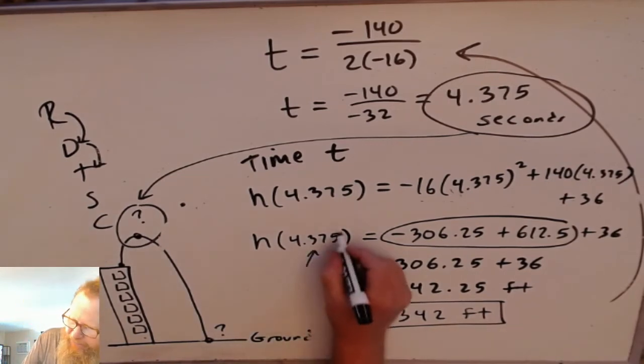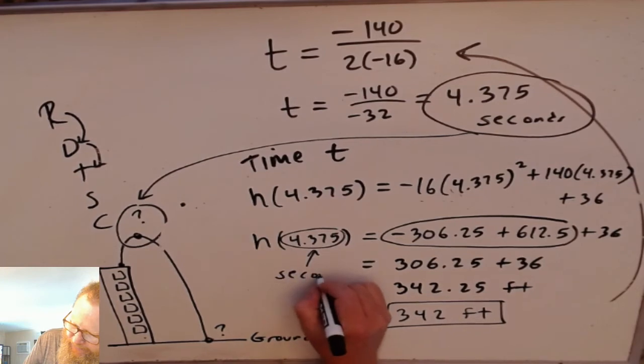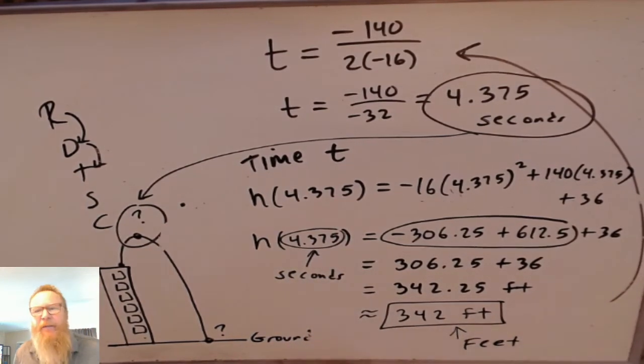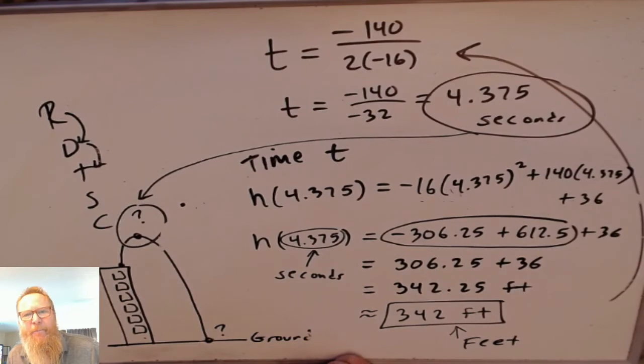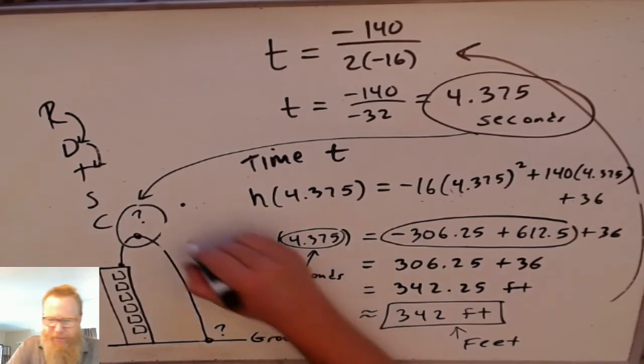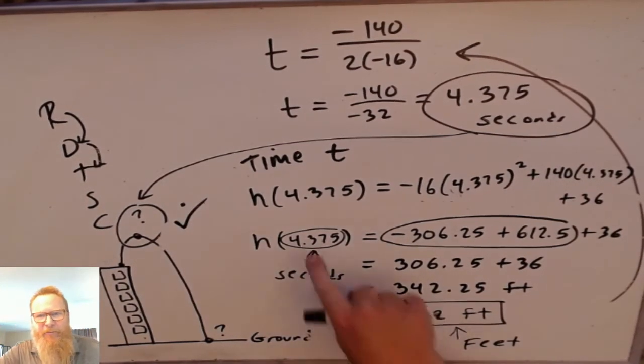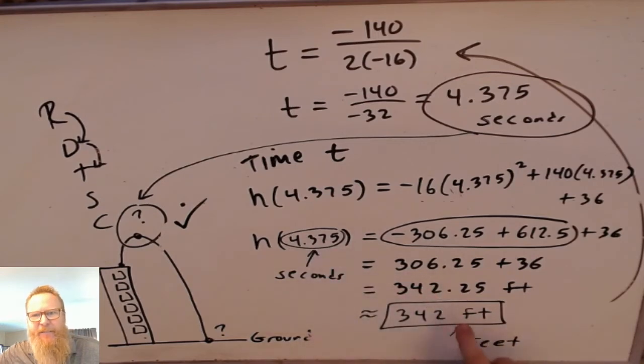This is the number of seconds. This is the number of feet. So check, we got that. After 4.375 seconds, it's 342 feet above the ground.